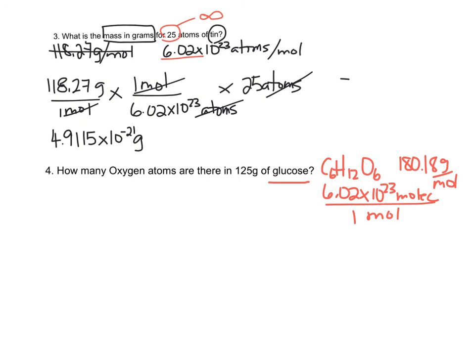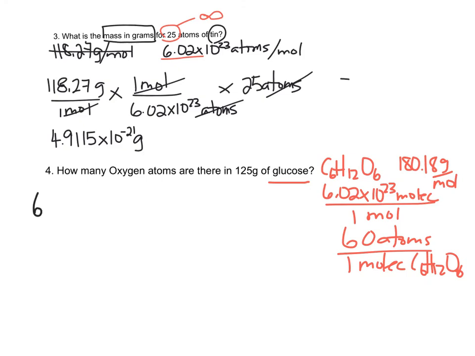So how many oxygen atoms are there? So oxygen atoms is the unit that we want. And there happens to be 6 oxygen atoms in every 1 molecule of glucose. So we're going to start with that ratio because oxygen atoms are on top.